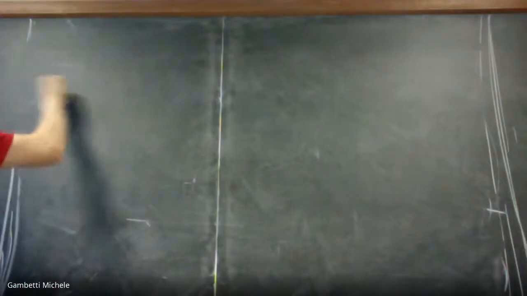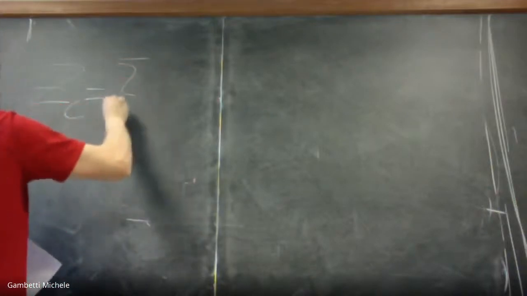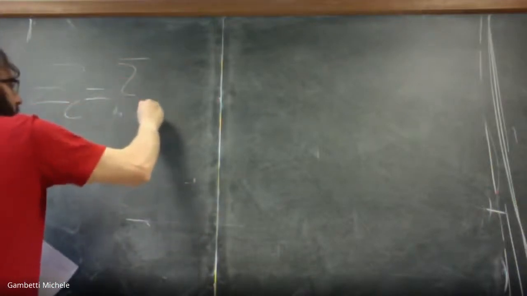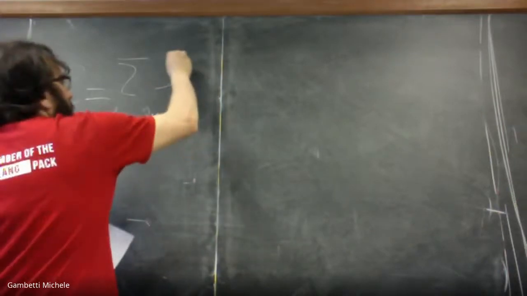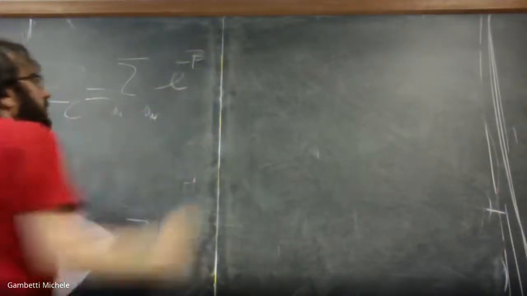So the canonical partition function in the mean field approximation is a sum over S1 to Sn of e to the minus beta, and I have introduced these two terms in the Hamiltonian, the mean field energy.